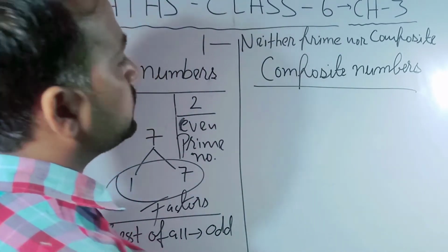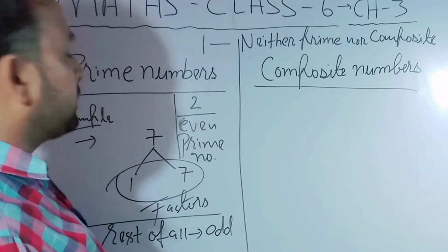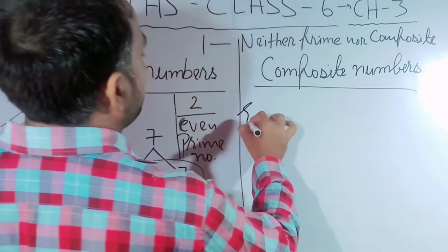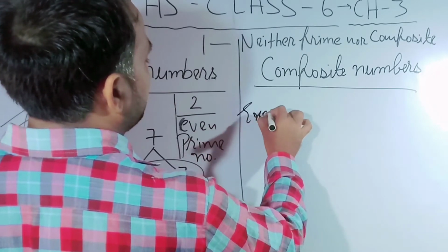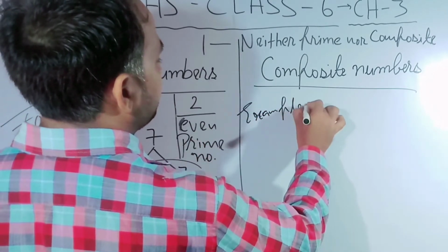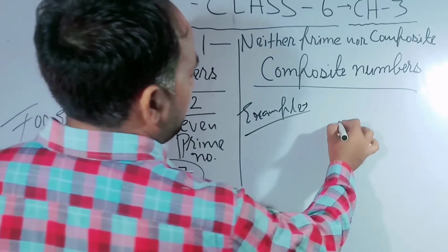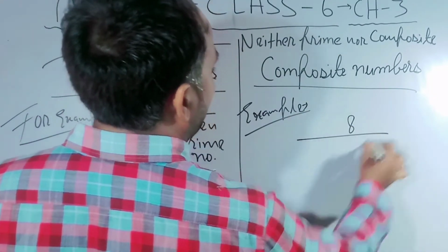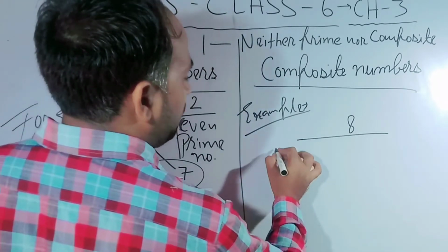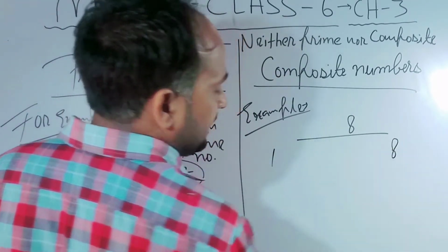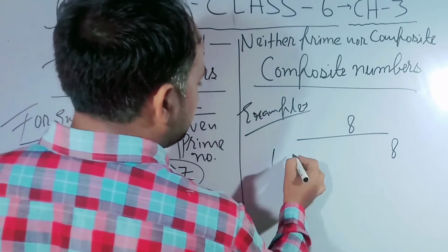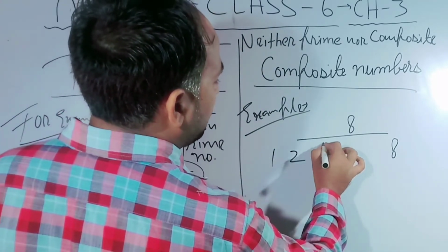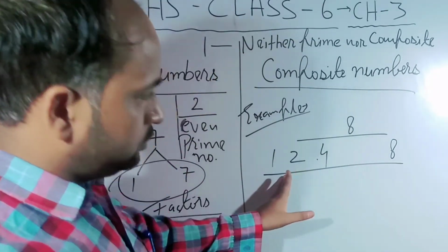A composite number is a number which will have more than two factors. Example, I am taking 8. Factors of this: 1 and the number itself, and after that 2 is also a factor, 4 is also a factor.